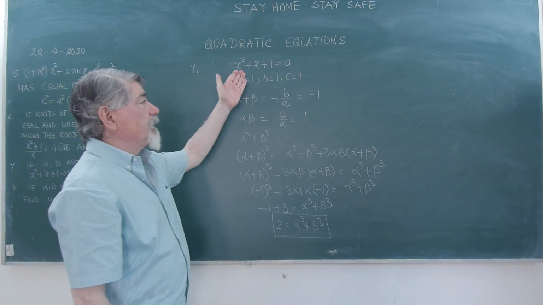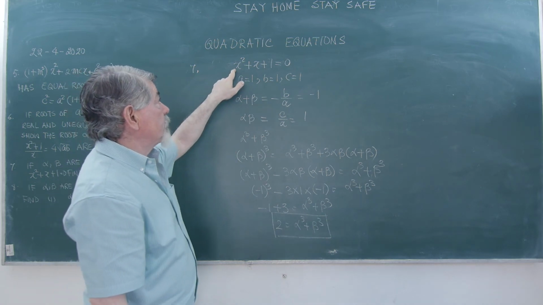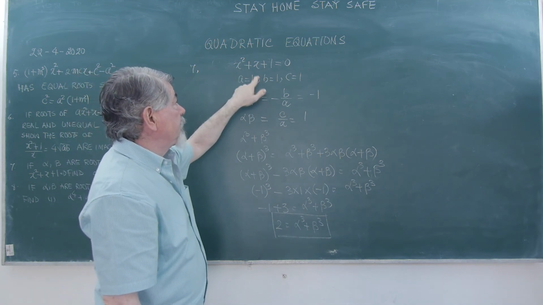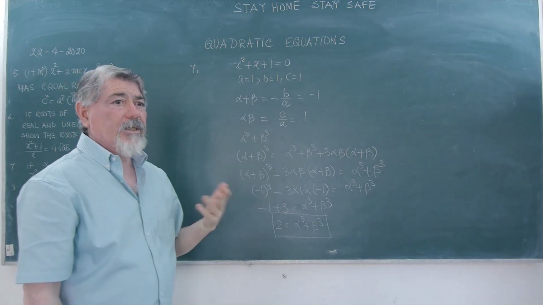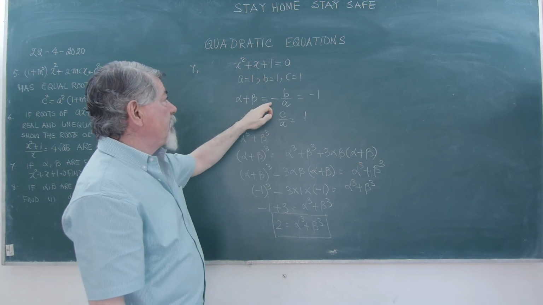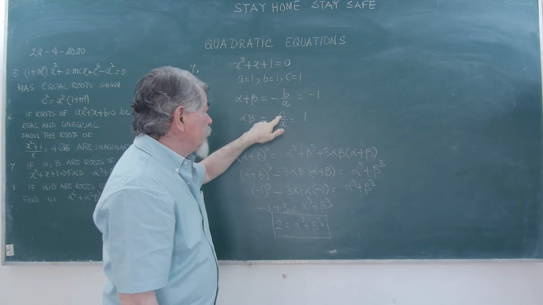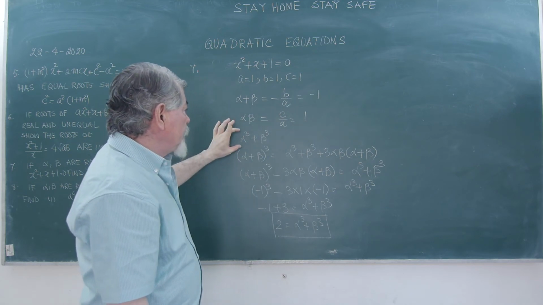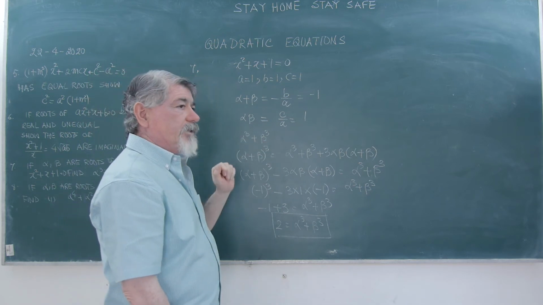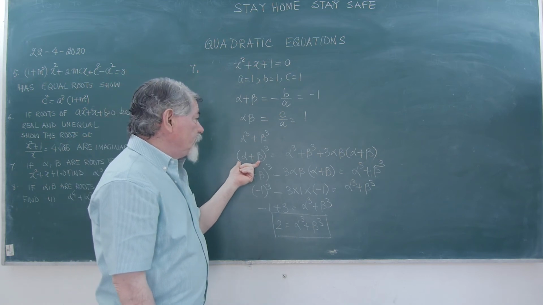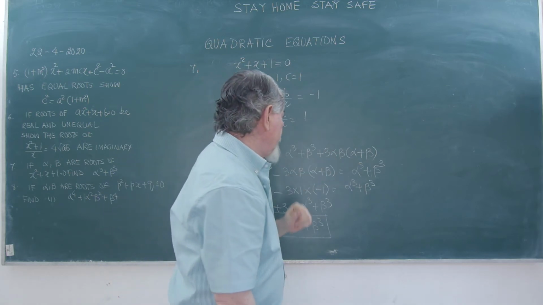He had given you a quadratic equation, x square plus x plus 1 is equal to 0. What we did, first, a is 1, b is 1, and c is 1. After that, we calculate alpha plus beta, the sum of the roots. Sum of the roots is minus b upon a, which comes out to be minus 1. Alpha beta comes out to be c upon a, which is 1. Now he wants you to calculate alpha cube plus beta cube. Alpha plus beta whole cube is equal to alpha cube plus beta cube plus 3 alpha beta into alpha plus beta.